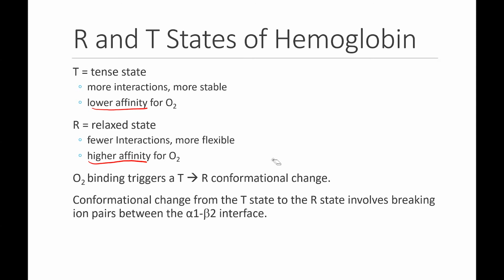So it will go from T to R state. And that is again due to conformational changes that occur. Once one oxygen molecule gets in there, the whole molecule has to shift a bit and it becomes more and more like the R state, in which it has a higher affinity for oxygen.